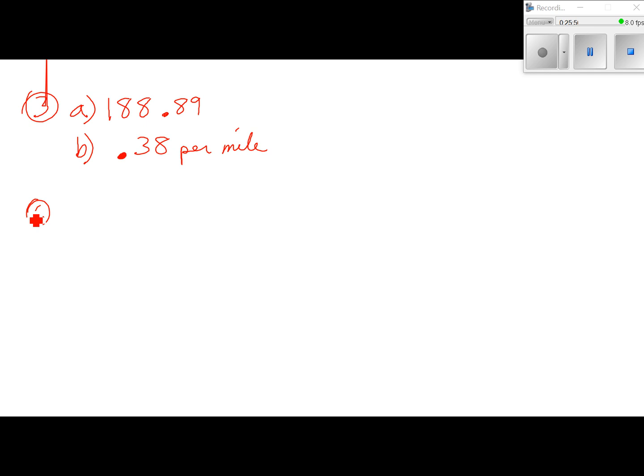We're going to take the 66.50 plus the 40.39. And so for part A, our total cost, we get $106.89.